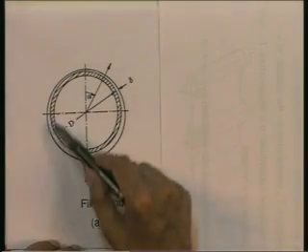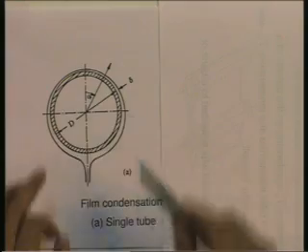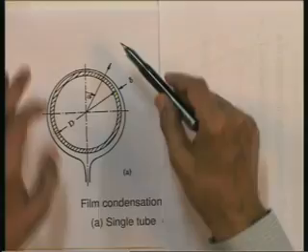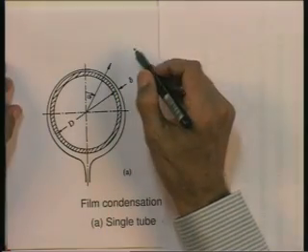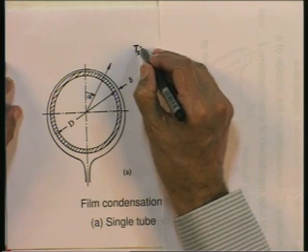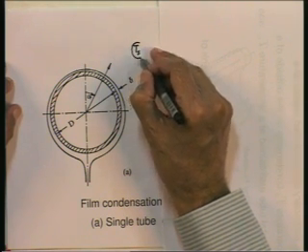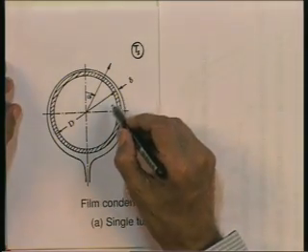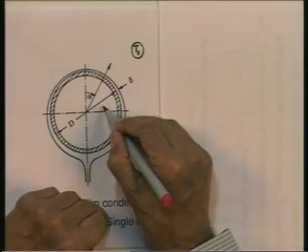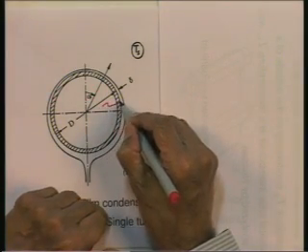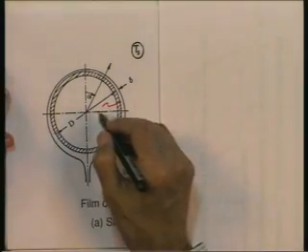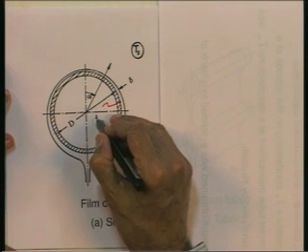This is the tube of outside diameter capital D, and pure saturated vapor at saturation temperature T s is condensing on the outside of this tube. The outside wall of this tube is maintained at a temperature T w.